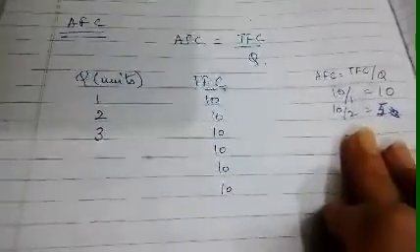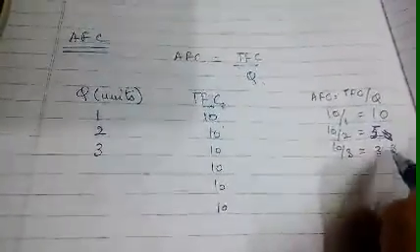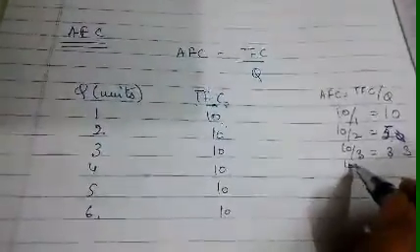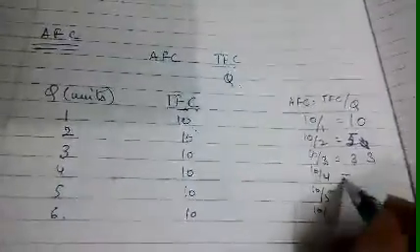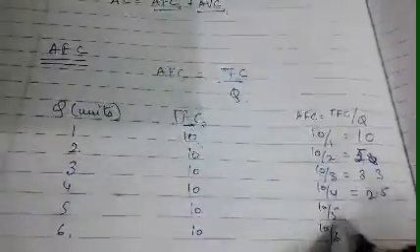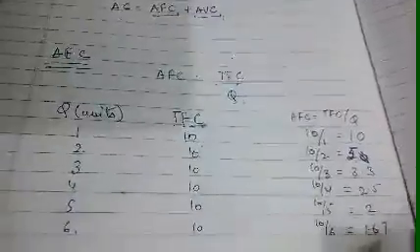Now if we talk about the graph and plot these points, 10 by 3 comes out to be 3.3, then 10 by 4, 10 by 5, 10 by 6, which are 2.5, 2, and 1.67.